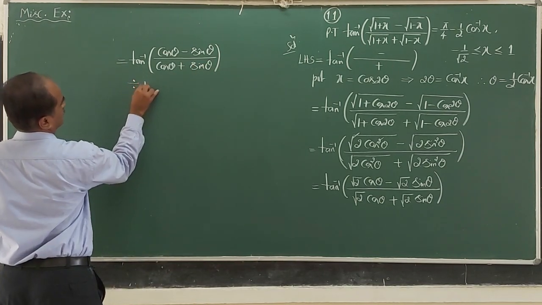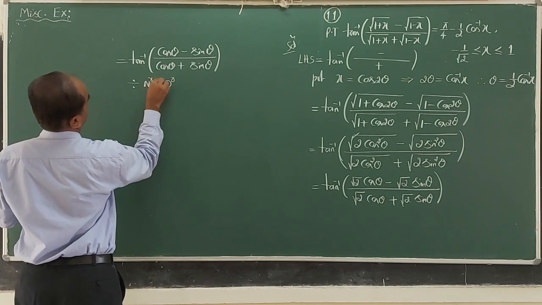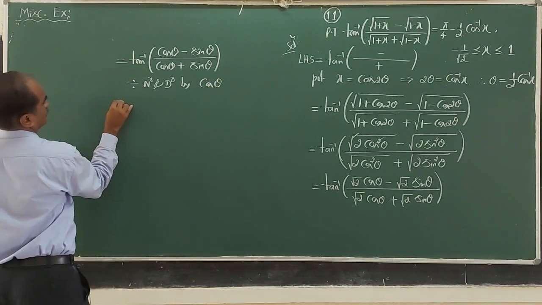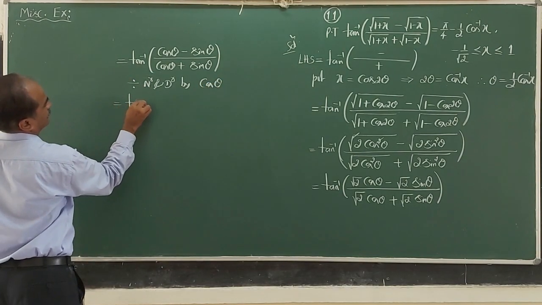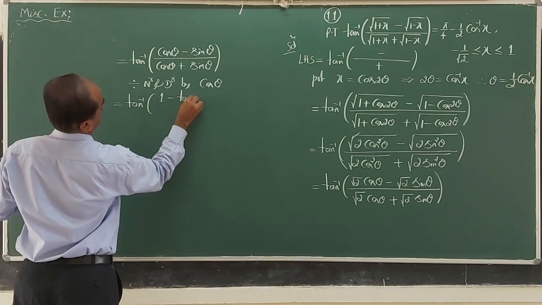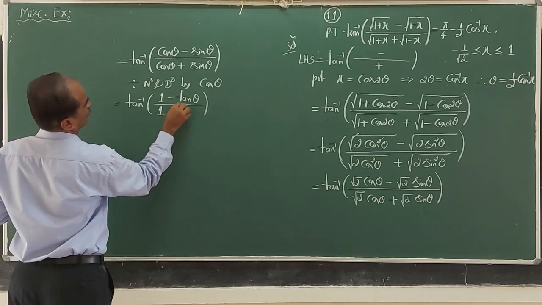Now I divide numerator and denominator by cos theta. We get tan inverse of 1 minus tan theta by 1 plus tan theta.